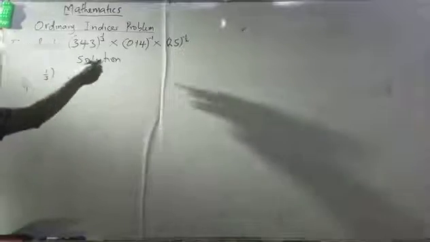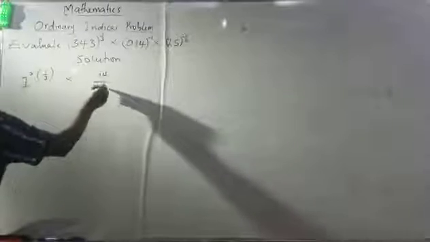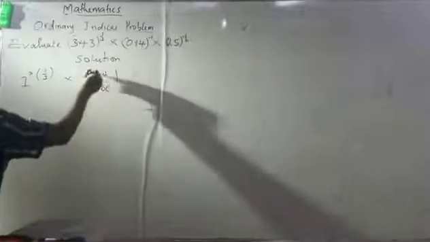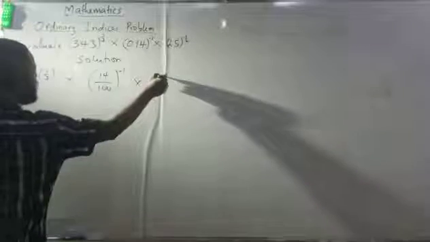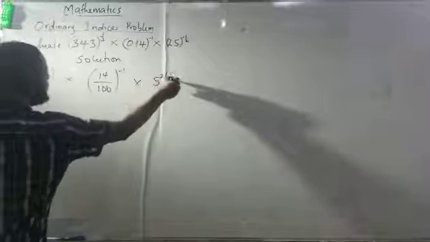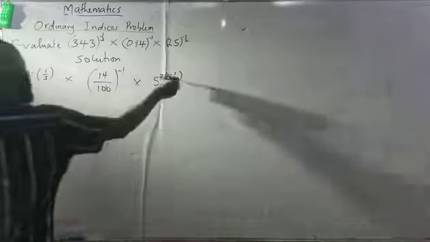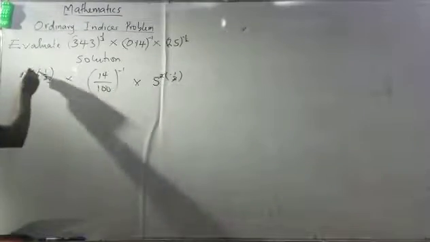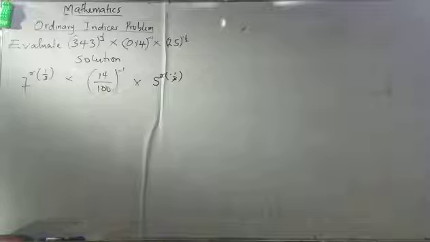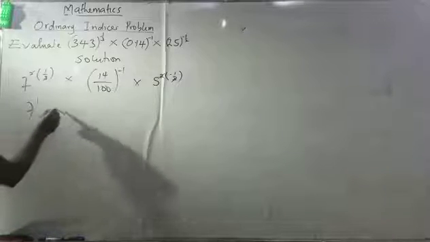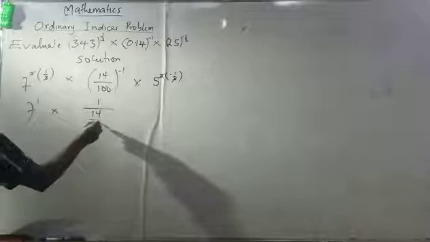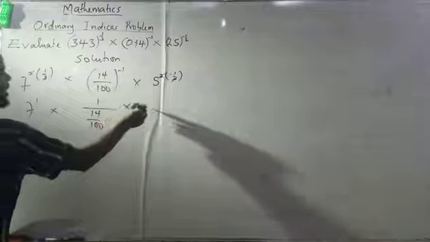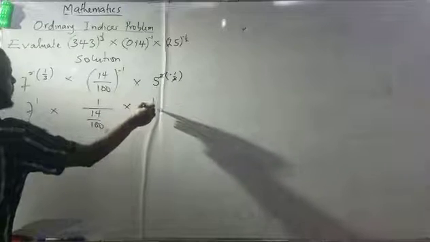I know that 14 will divide 100, raised to power minus 1. I know that multiplied by 5 raised to power 2 will give me 25. By implication, this will cancel this, this will cancel this. Now, when I have inverse, I have 7 raised to power 1 multiplied by 1 divided by 14 all over 100, multiplied by 5 raised to power minus 1.